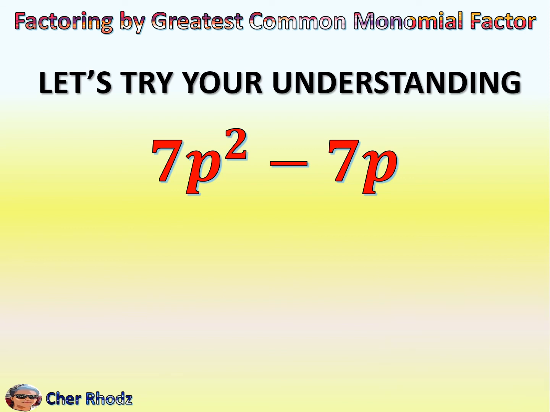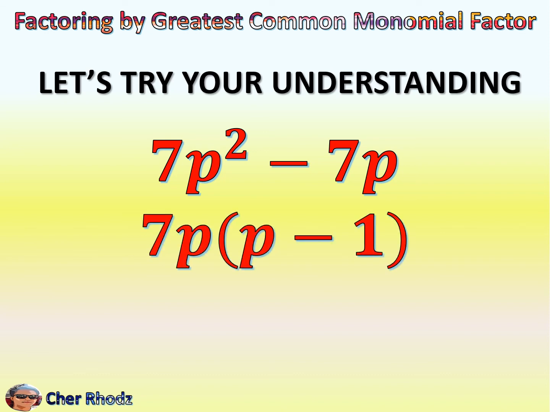Time's up. The correct answer is 7p times the quantity of p minus 1.